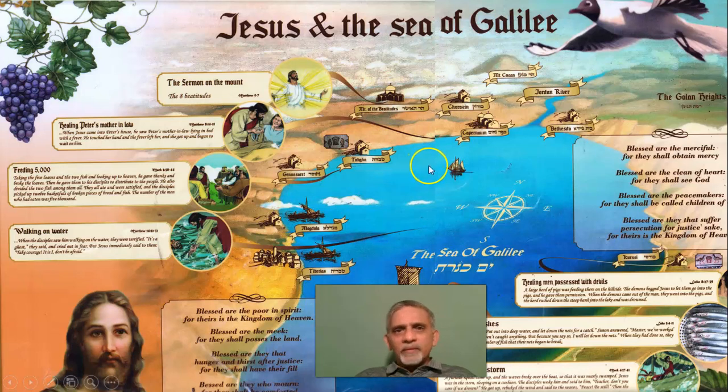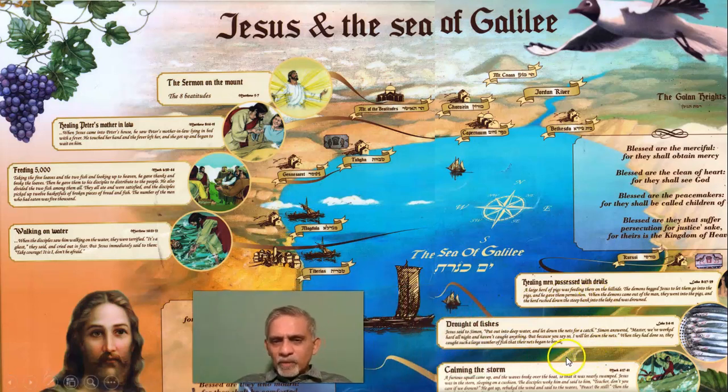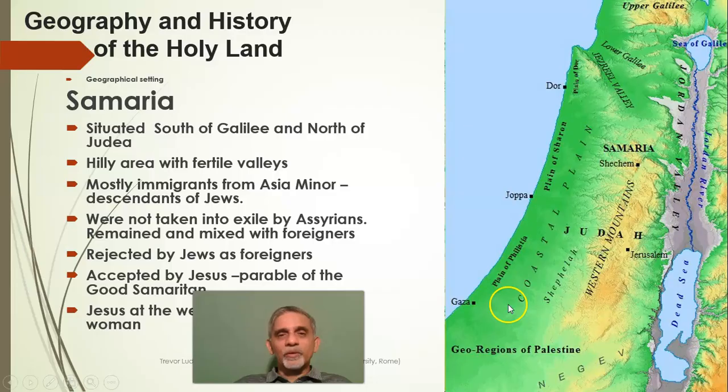Now you find the Sea of Jesus and the Sea of Galilee. You find so many things happening around this: the Sermon on the Mount, Peter's healing of Peter's mother-in-law, feeding of the 5,000, walking on the water, Beatitudes, as I told you earlier. Then healing men possessed with devils, and also the draught of fishes, where the disciples caught many fish, calming of the storm, and so on.